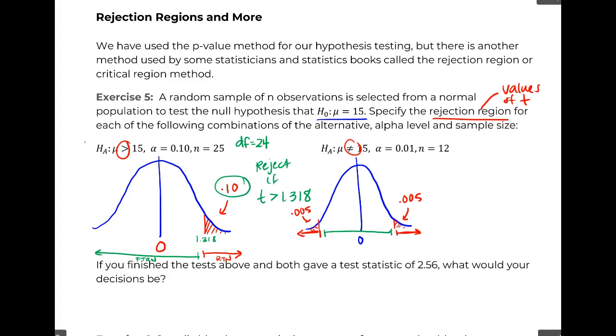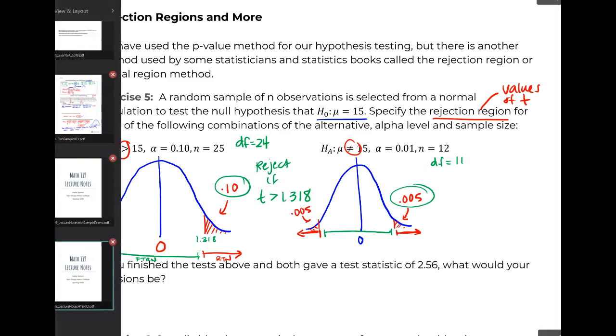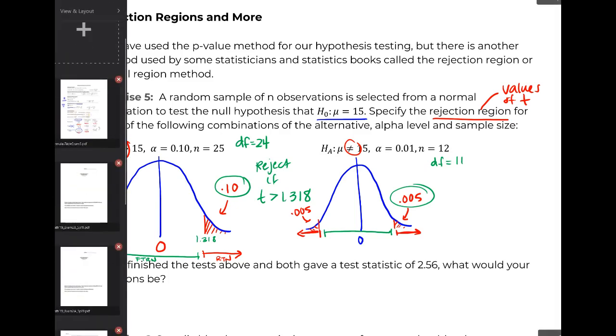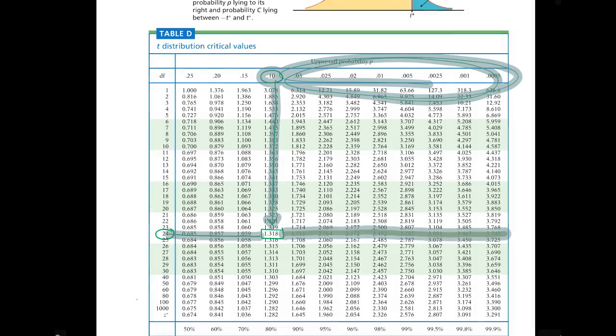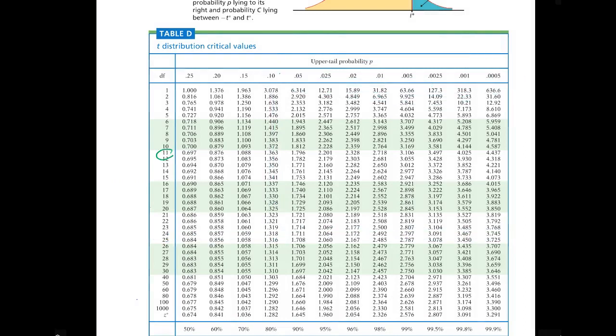So we just need to figure out what that cutoff is. Of course, if we're going to our table, we need our degree of freedom, which is 11, and we're on the hunt for this upper tail probability of 0.005. We need something very small, so we need a very unusual t. So our t is 3.106, and again, anything greater than that would be a smaller tail.